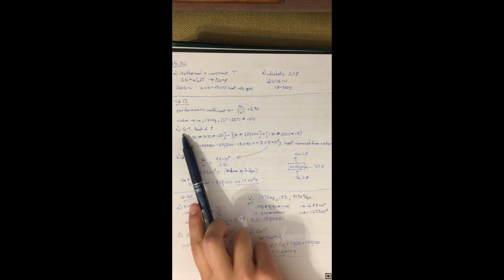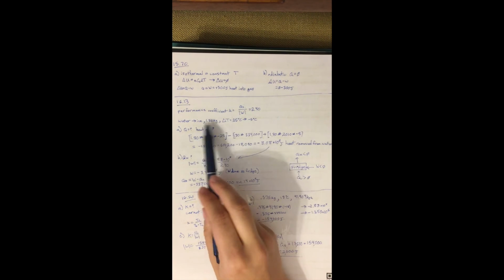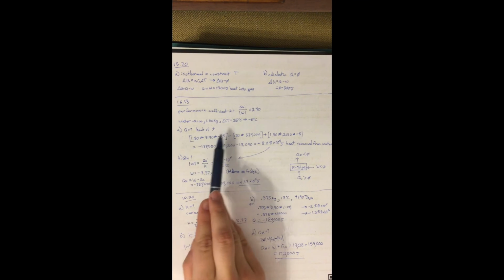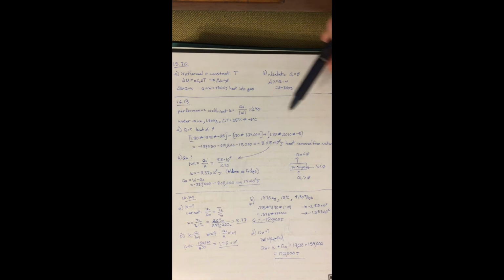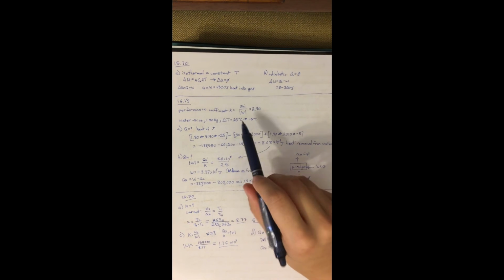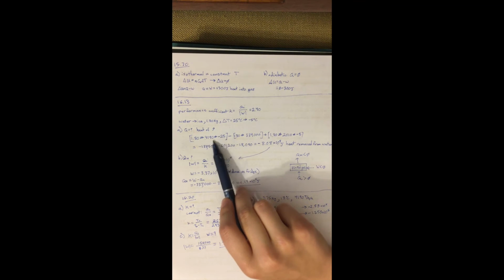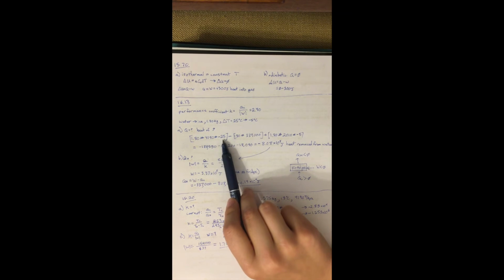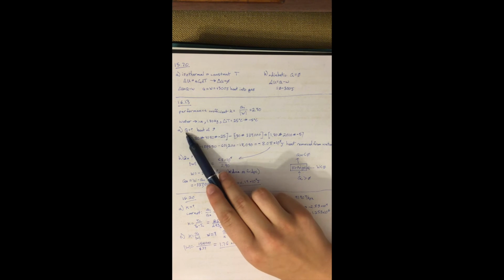So for A, Q is going to be the heat of that transition, and like before, it'll be the heat of the different aspects of the transition. So mass times C times delta T to the freezing point, right? So 0 degrees Celsius, the freezing point, minus 25 degrees Celsius, the original. So that's where this number comes from. And then you'll subtract, because over here we're looking at the sum.